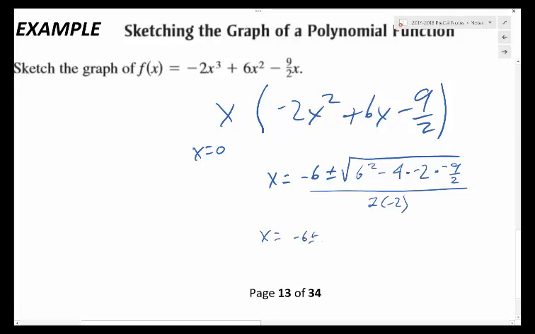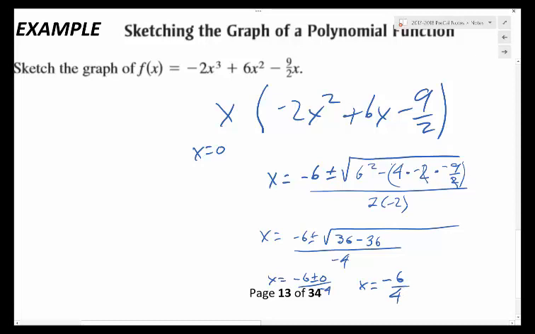Simplifying this on the inside, I get 36 minus, I'm going to put all this in parentheses, 36 minus 4, the 2's cancel out, 4 times 9 is 36, so I get 36 and then all over negative 4. So x equals negative 6 plus or minus 0 over negative 4. So x equals negative 6 over 4.